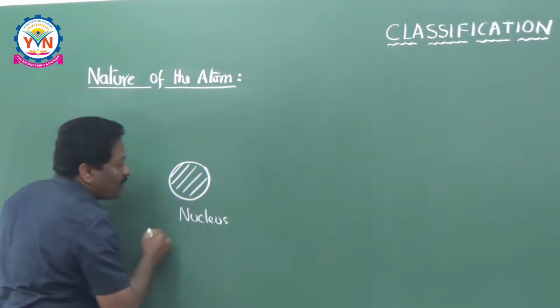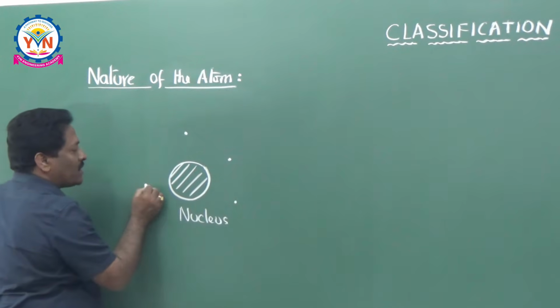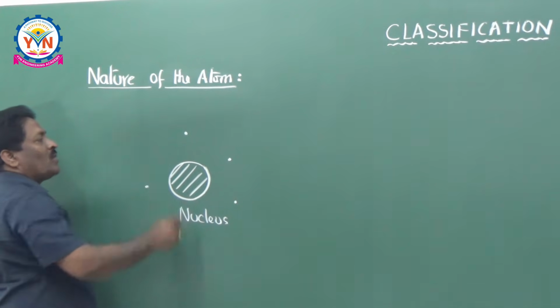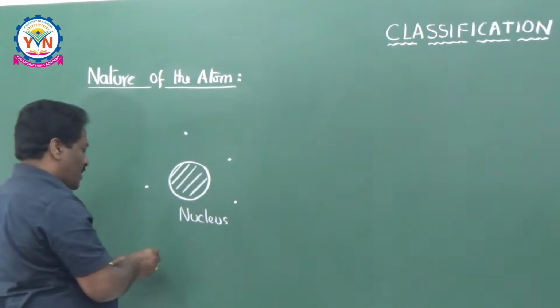Around it, the electrons are orbiting, having a negative charge.